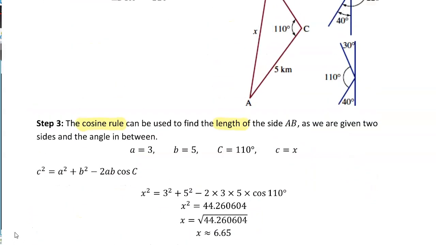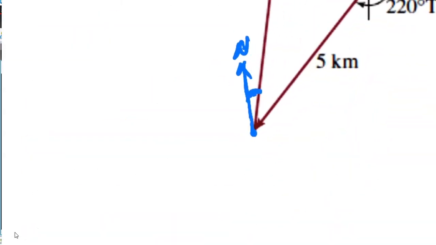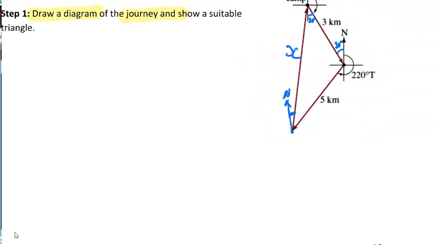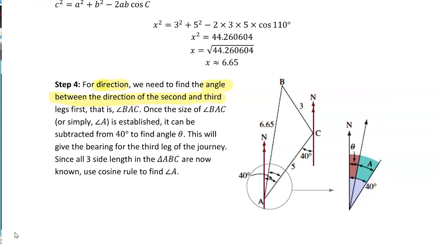So we want to find, as I was saying before, this angle here. Now, an easier way to find that might be to figure out that angle there, because we know part of it. But anyway, we're looking for the angle BAC, that angle in there.